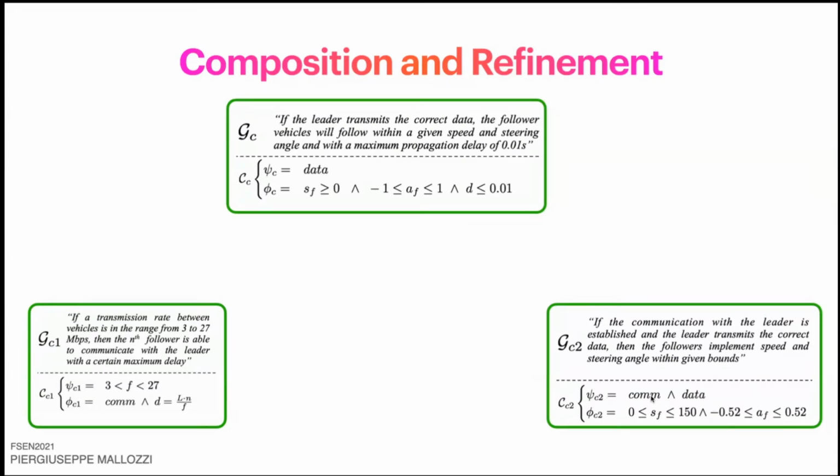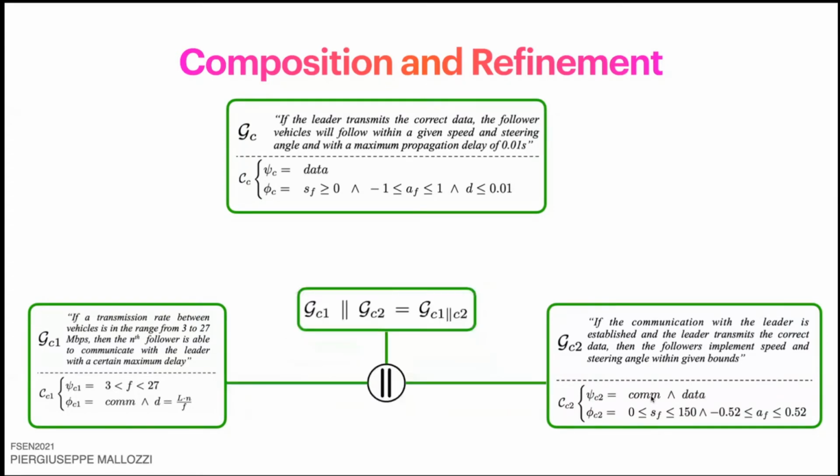So now we have to compose these goals, combining them and simplifying the assumption of this goal with the guarantees of the other goal. First we connect with composition, and then we would like to refine the resulting goal with the top level goal that we specified before.